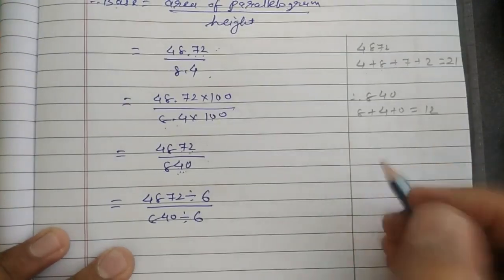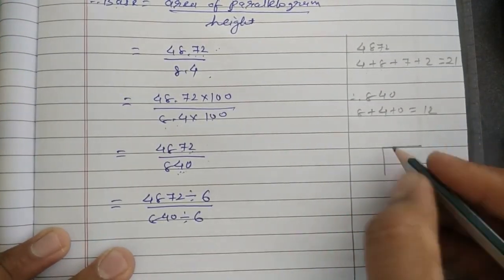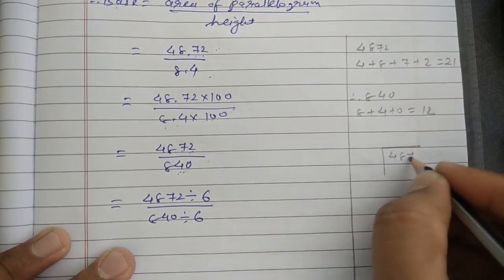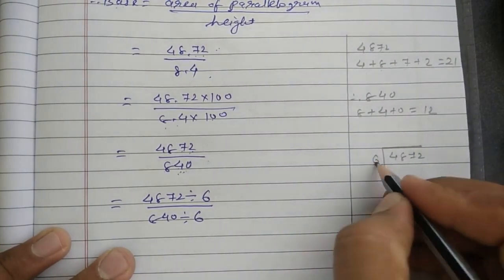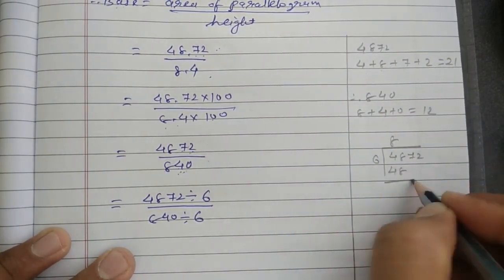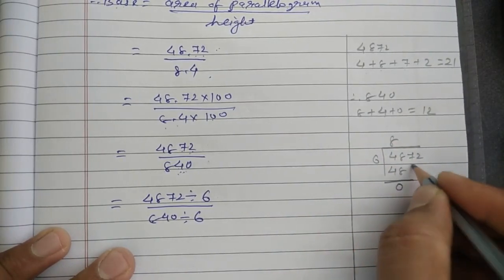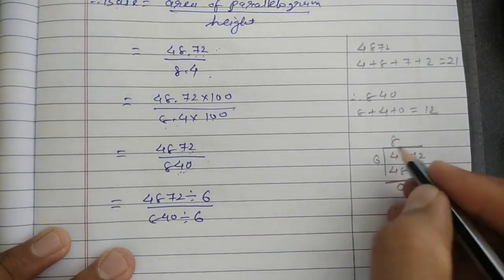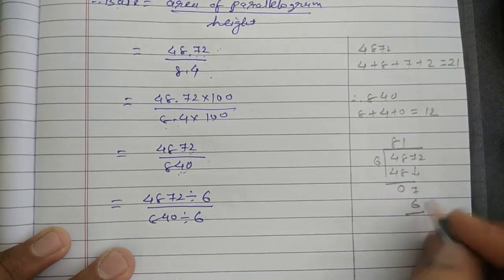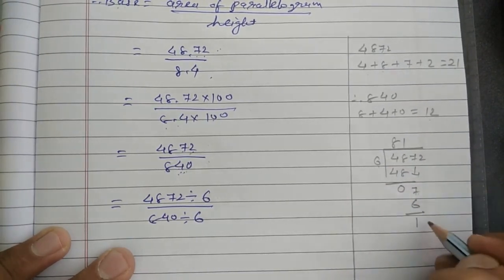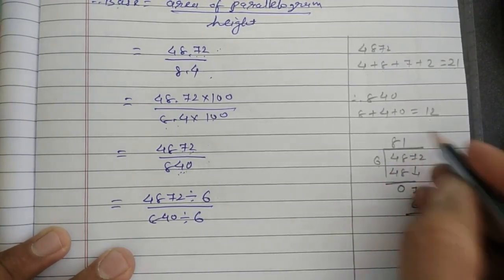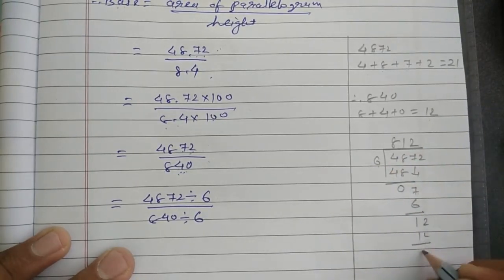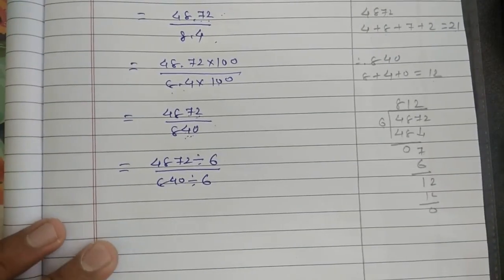First we divide our numerator, 4872 divided by 6. 6 8s are 48, 48 minus 48 is 0, this 7 will come down, 6 1s are 6, 7 minus 6 is 1, this 2 will come down, 6 2s are 12, 12 minus 12 is 0. So what is the answer?